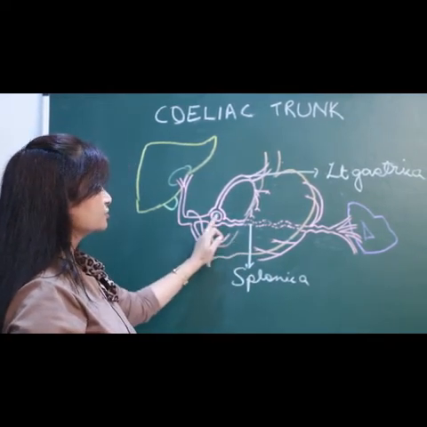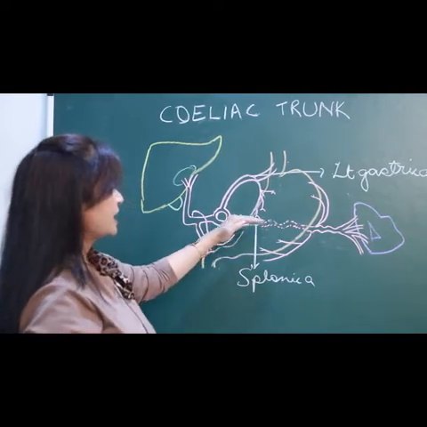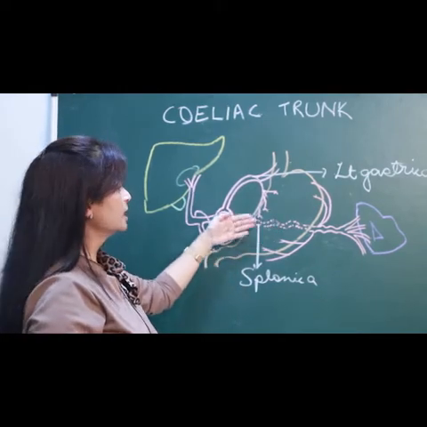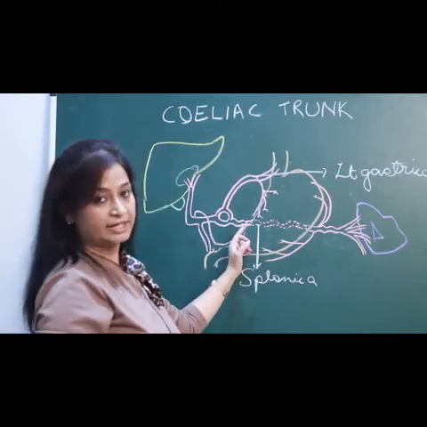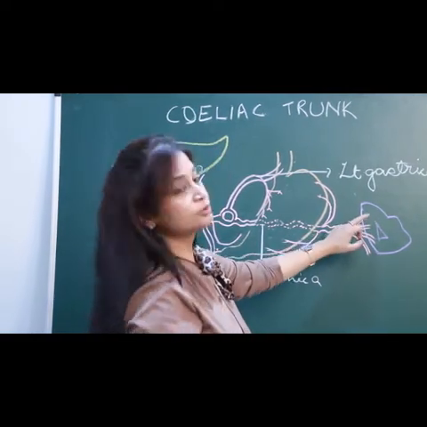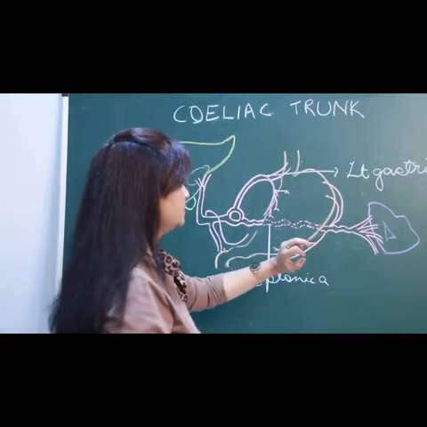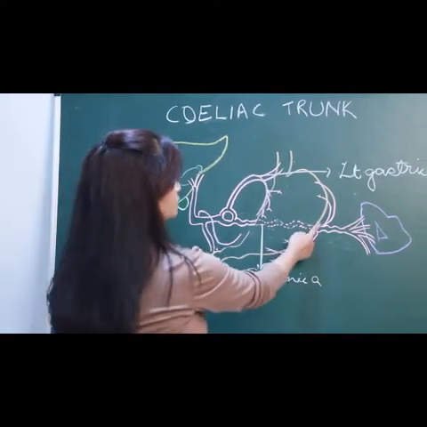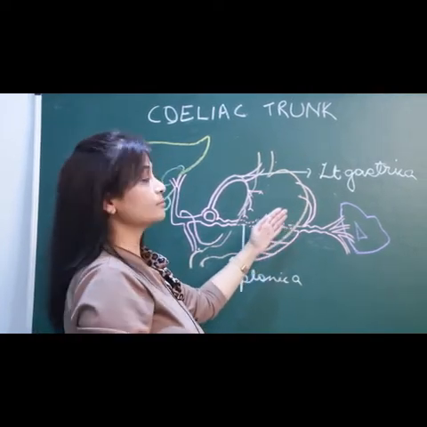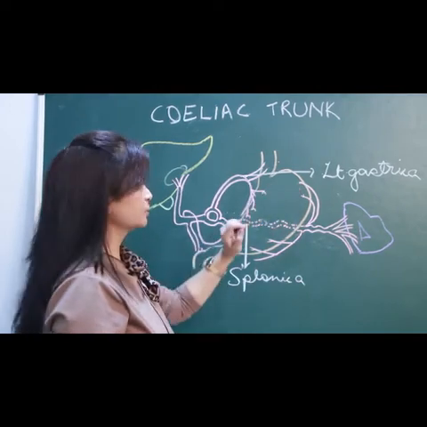After its origin from the celiac trunk, it runs towards the left and will pass behind or posterior to the stomach and lies in the stomach bed, and here it will emerge and then go on to the spleen. But before it reaches the spleen, it will give off a few short gastric branches, which are 5 to 7 in number and which supply the fundic part of the stomach.